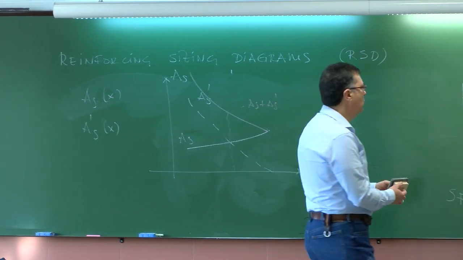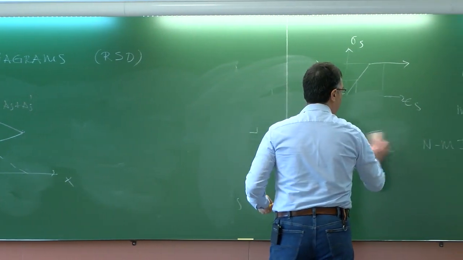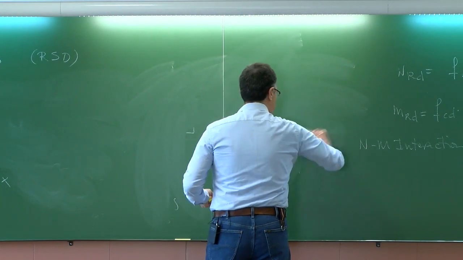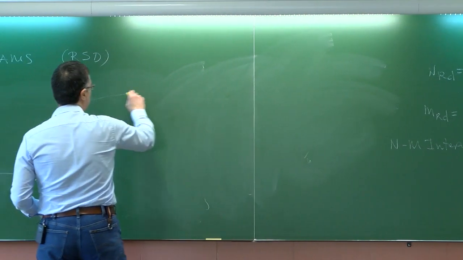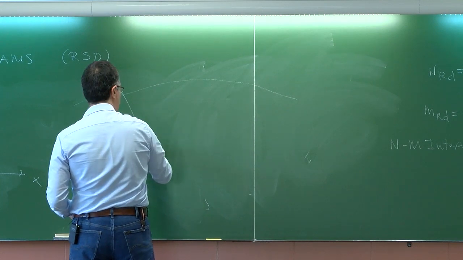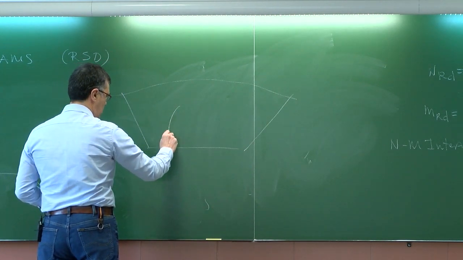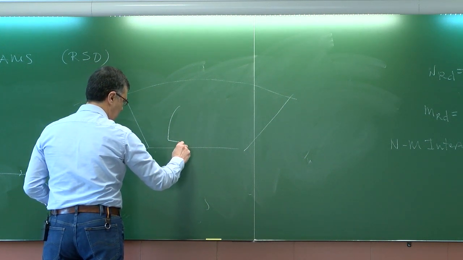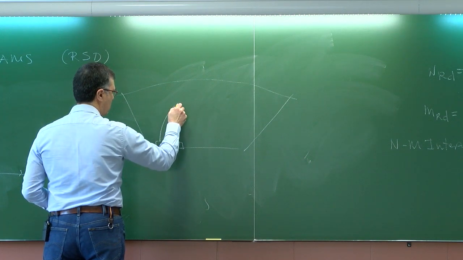Imagine that we are doing a precast tunnel. So we have here a piece of land. We do a trench here, and then we design here a precast tunnel, something like this.